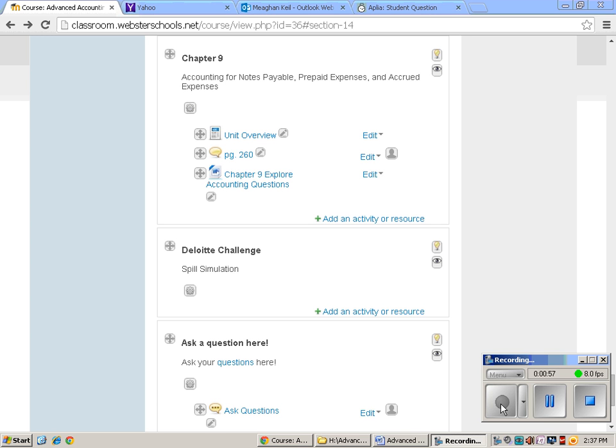Couple things you need to do. Calculating interest, we talked about. It's usually an annual rate. We'll have to figure it out for the time. When we figure out our interest, banks use 360 days as opposed to 365. So if you're wondering why we're using 360, that's typically what a bank will use.